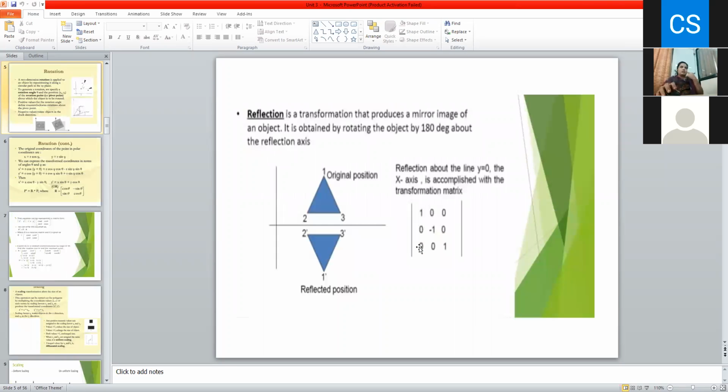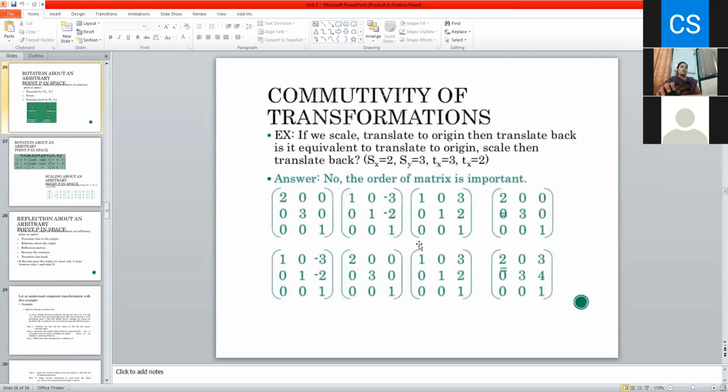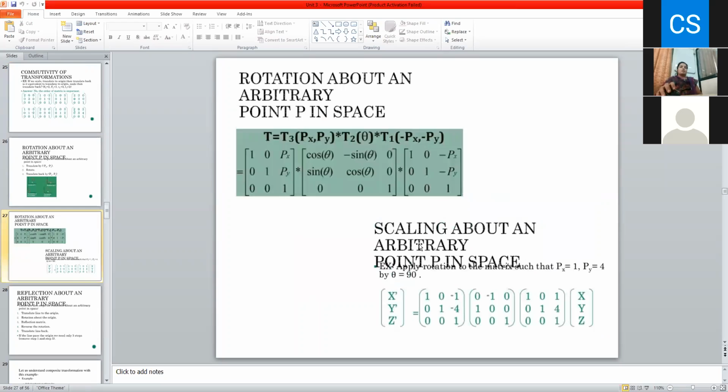In yesterday's lecture, we have seen the combined transformations. Combined transformation is done with the help of matrix multiplication. And as matrix multiplication is non-commutative, you have to follow the order of the operations. That is the very important thing for carrying out multiple transformations, right? Multiple or combined, it is also called combined transformation.